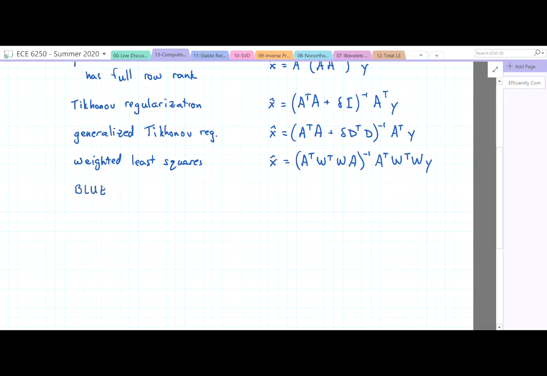And finally, the best linear unbiased estimator, BLUE: x hat is (A transpose R inverse A) inverse A transpose R inverse y, where R is equal to the expected value of the error times the error transposed, and the expected value of the error is 0.